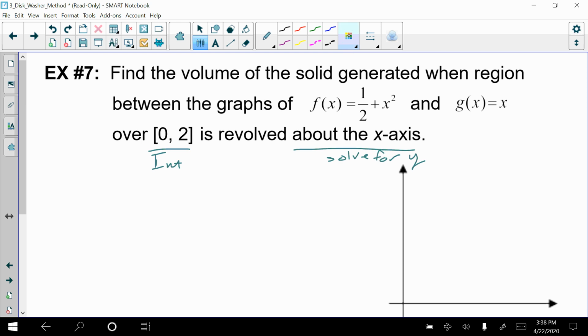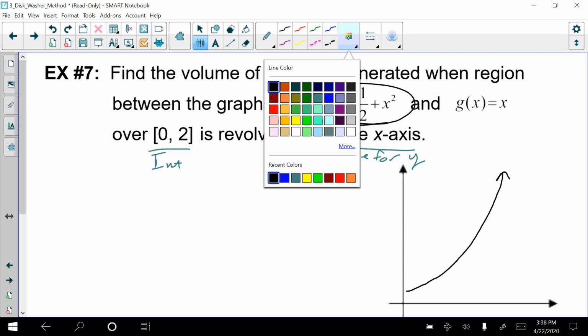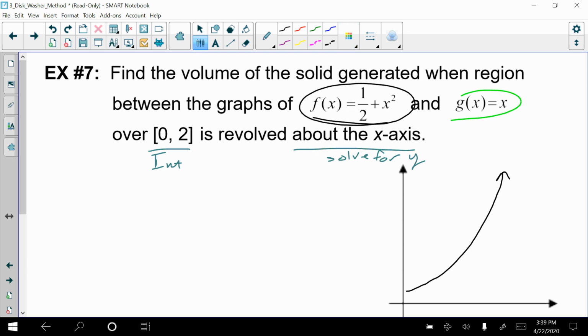So I'm going to go ahead and do the quadratic here in black. And we're not going to try and make these to scale necessarily, but the quadratic is just the parent function shifted up half of a space. So it's going to do something like that. And then the line, the linear parent function g of x, let's do that one here in this kind of greenish color.